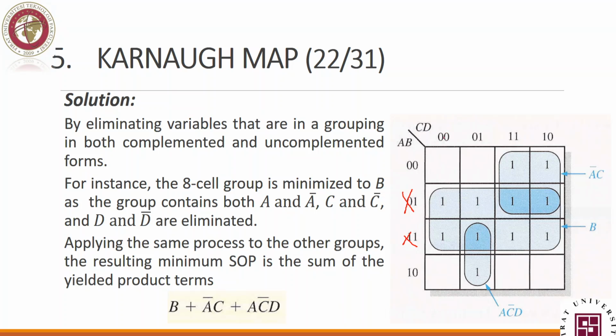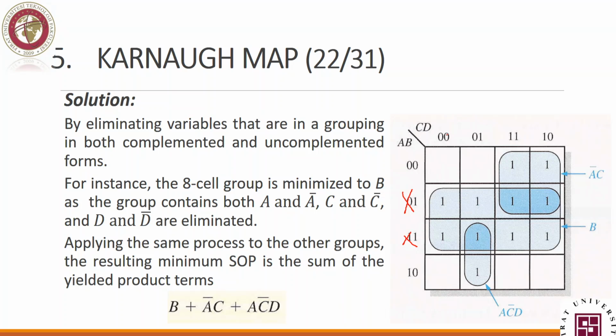Look at the horizontal side. We have C bar D bar, C bar D, C D, then C D bar. They cancel each other. All of them. Why? Because here we have C bar, here we have C. Here we have C bar, here we have C. They cancel each other.